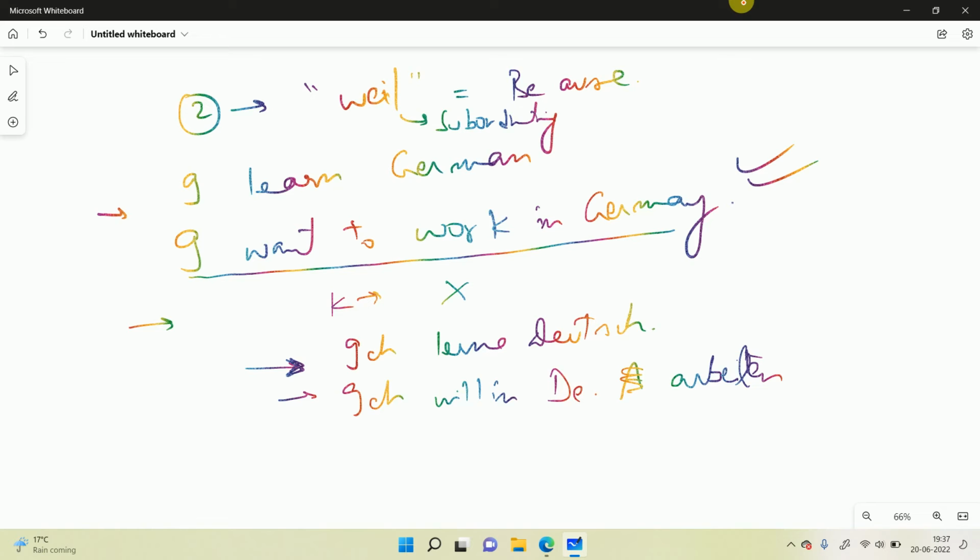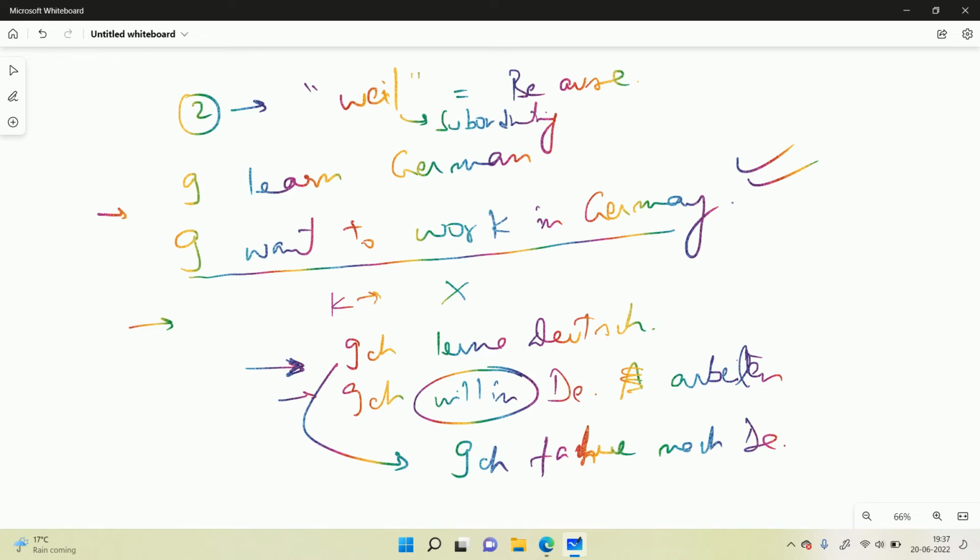Ich lerne Deutsch, weil ich in Deutschland arbeiten will. Right? Because the modal verb will come at the end. Let's say I remove this modal verb: ich lerne Deutsch, and the second sentence is, ich fahre nach Deutschland. Without a modal verb it will be easier. So it will be, ich lerne Deutsch, weil ich nach Deutschland fahre.